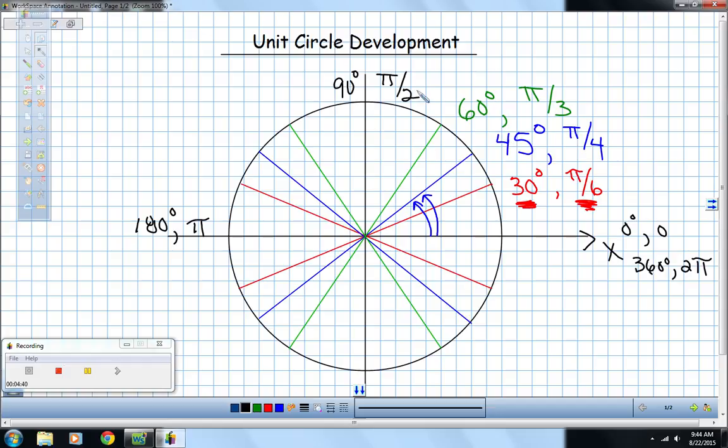That leaves one quadrantal angle, the negative y-axis. If we go 90 degrees past 180, we are at 270 degrees, which is pi over 2 past pi, or 3 pi over 2 radians. So these are the quadrantal angles.